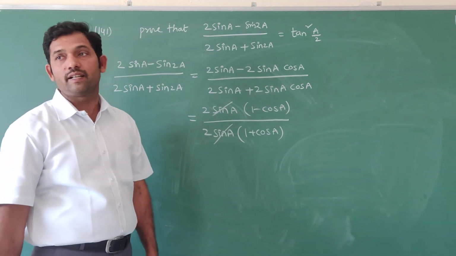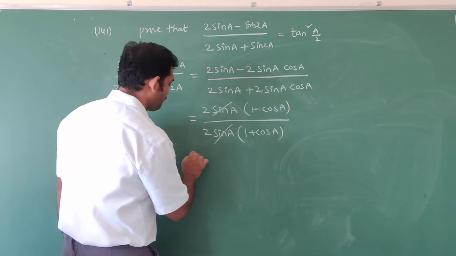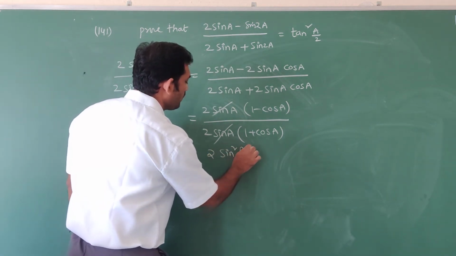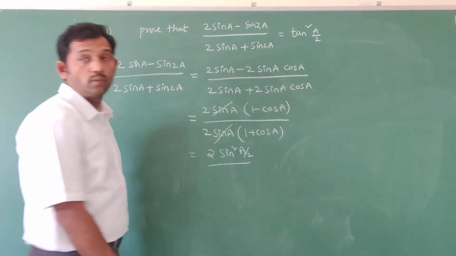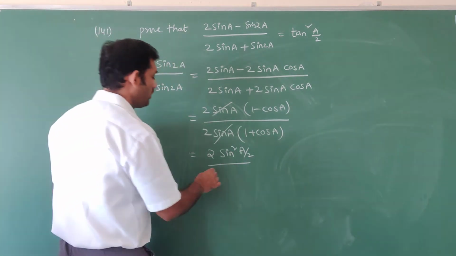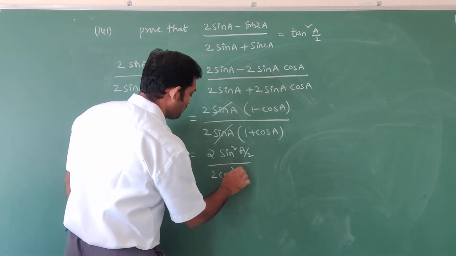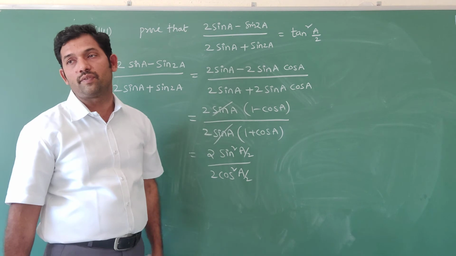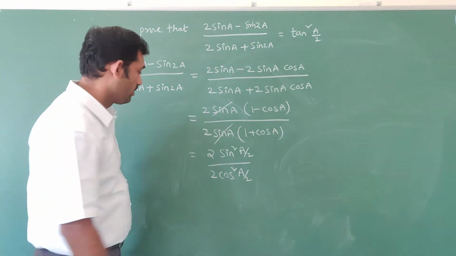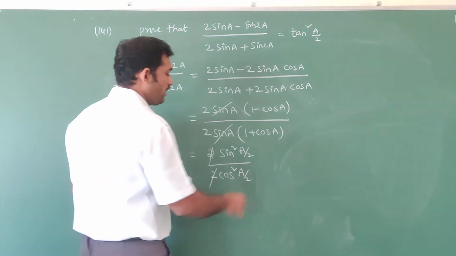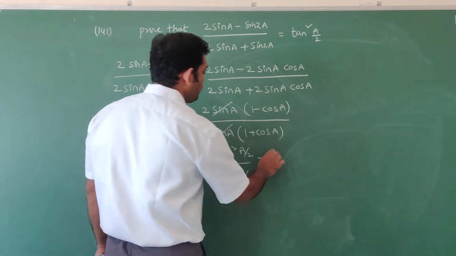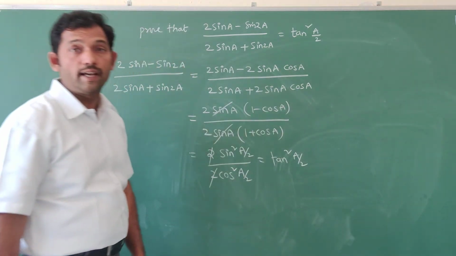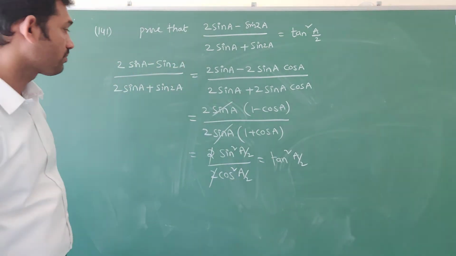1 minus cos theta formula is what? 2 sin square A by 2. 1 plus cos A means what? 2 cos square A by 2. So these two formulas were taken from the cos 2 theta formula. So 2 gets cancelled, and remaining sin by cos means tan square A by 2.